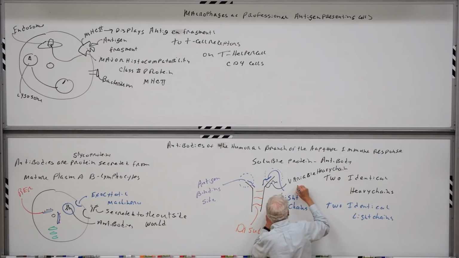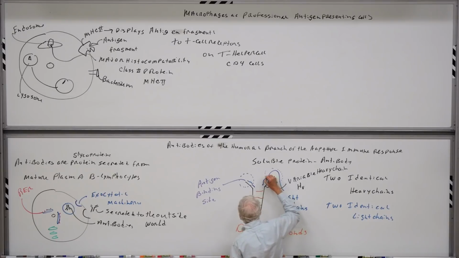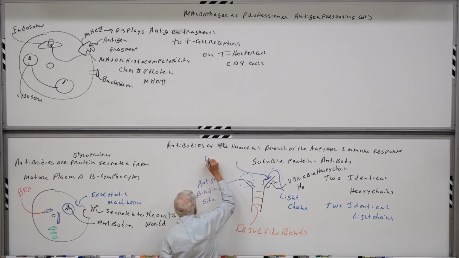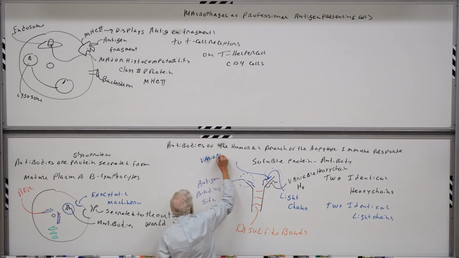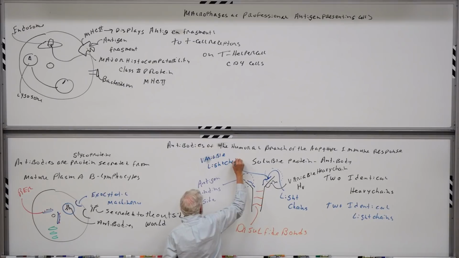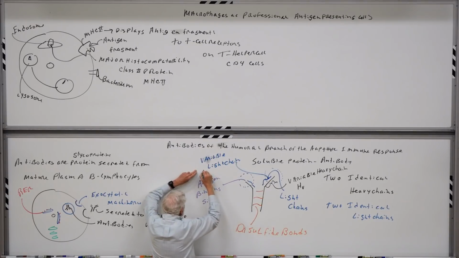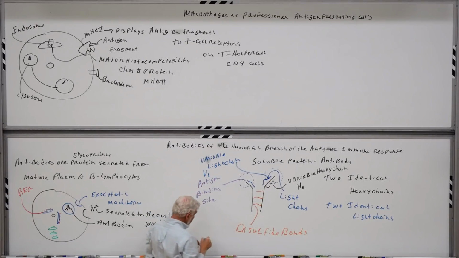We abbreviate this H sub V. Also out here is a region of the light chain called the variable light chain. The variable region of the light chain is called V sub L.